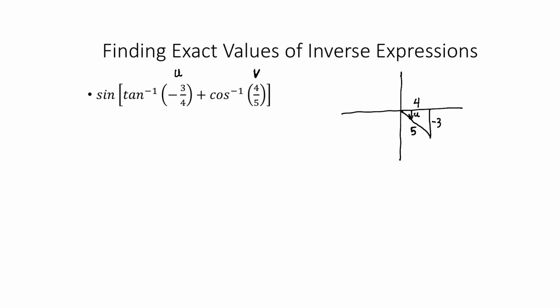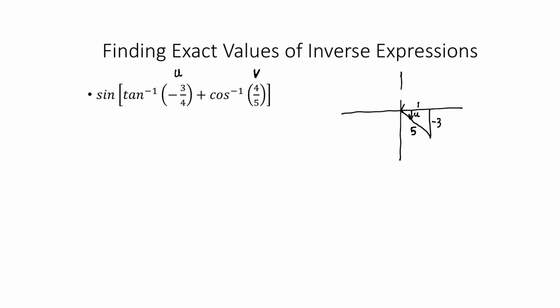Now it looks like cosine is also dealing with a 3, 4, 5 triangle as well, but because cosine is positive, even though cosine would be positive in the fourth quadrant, you can see 4/5, the restrictions for cosine put it, when it's positive, in the first quadrant. So these may be similar angles.